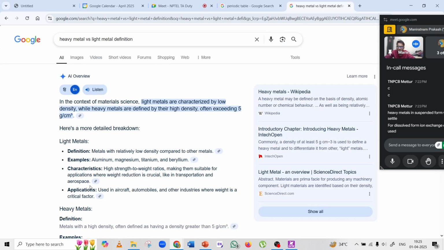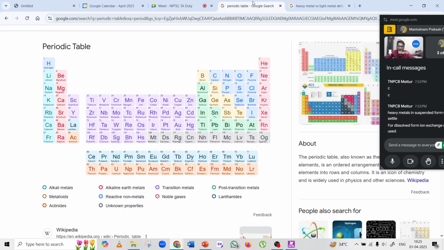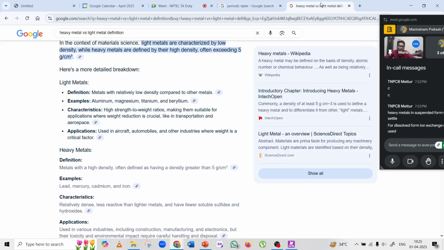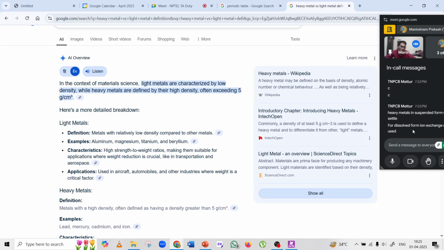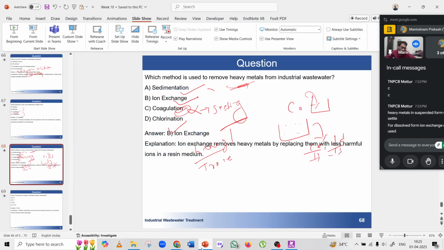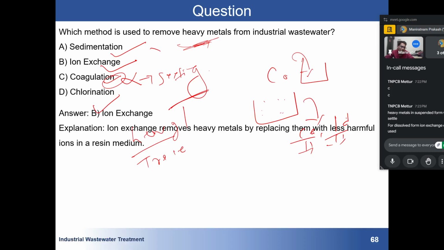Heavy metals, like lead, mercury, cadmium and iron, are very heavy, but lighter elements such as aluminum, magnesium, titanium, beryllium have very low density. Yes, for dissolved form, ion exchange. So first you should know that heavy metals will be in dissolved form only. Did you get what I was trying to say?